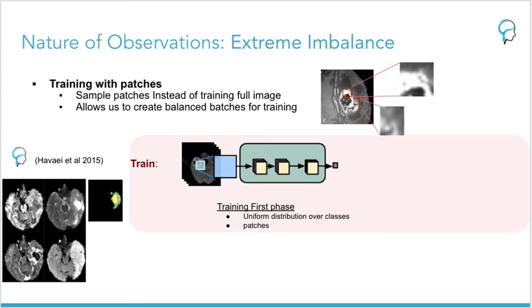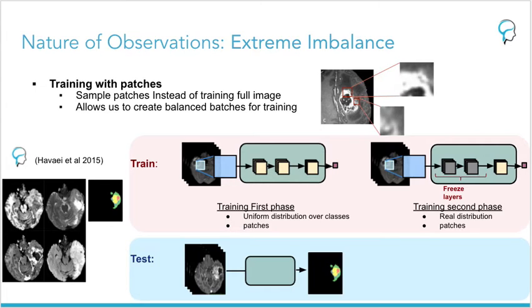Now, in the second phase of training, we freeze the feature extraction layers and only train the classifier on a distribution that is closer to the true distribution of classes. What I mean by that is that we sample more patches from the healthy class and less from the unhealthy class.